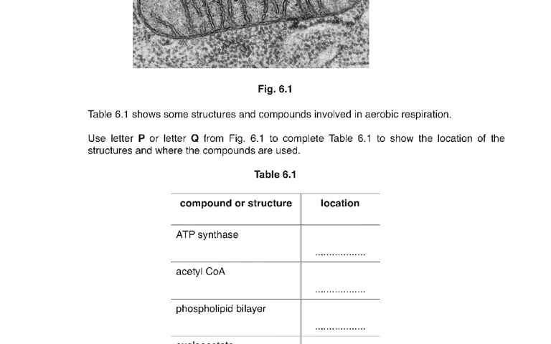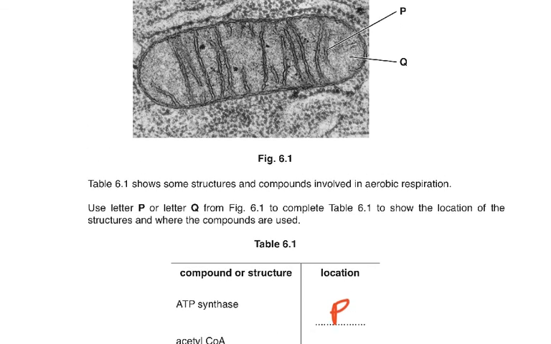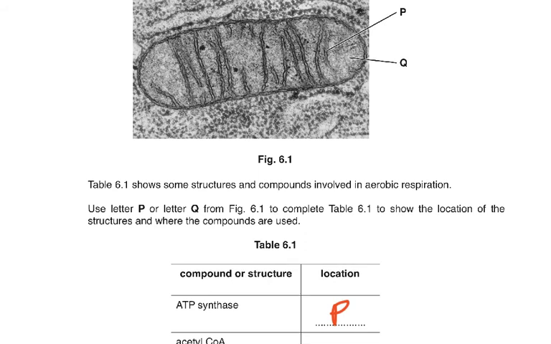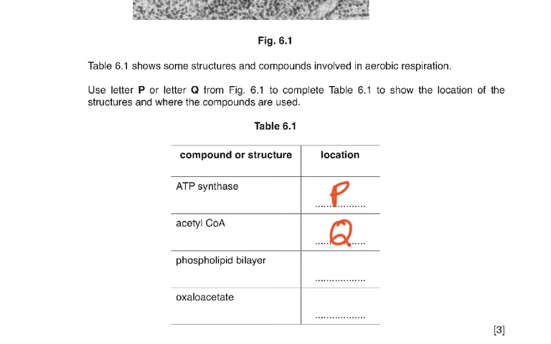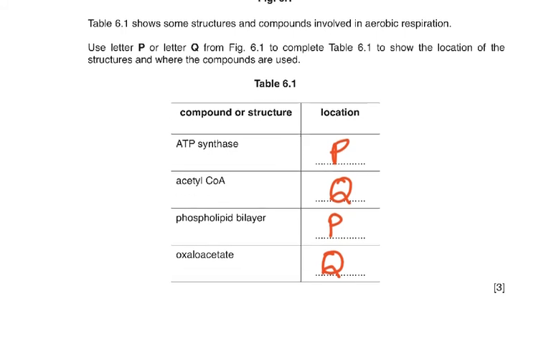P, inner membrane. P is the inner membrane and Q is the matrix. Acetyl-CoA is used in the link reaction. The link reaction takes place in the matrix, so that's Q. Phospholipid bilayer is P, the inner membrane, and the outer membrane. These are all phospholipid bilayers. Then oxaloacetate would be Q because that is in the Krebs cycle, and the Krebs cycle takes place in the matrix.